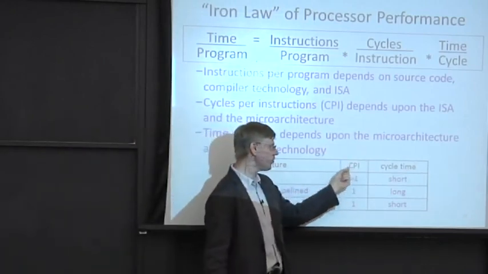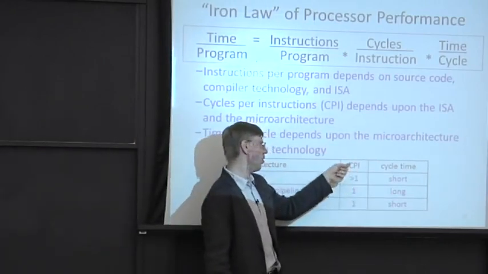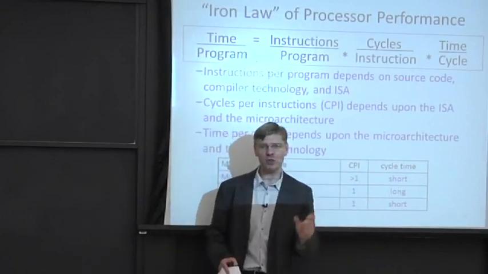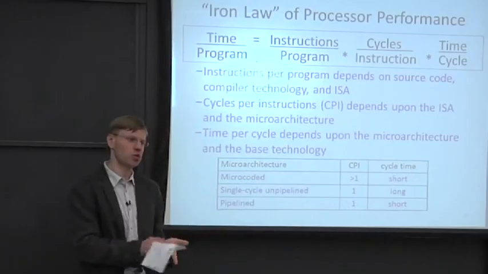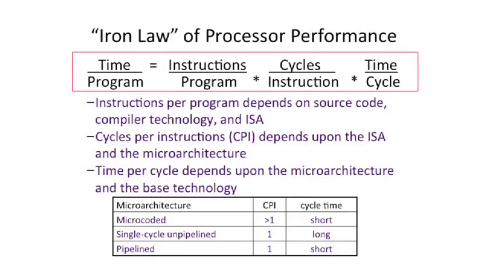And the inverse of this, if you take 1 over CPI, you get this other unit of measure, which is very common in computer architecture, called instructions per cycle. It's just the flip of CPI. So sometimes you'll hear us talk about IPC, and sometimes we'll talk about CPI, and it's really important to know which is which. So you want a low CPI and a high IPC, because that means better performance.